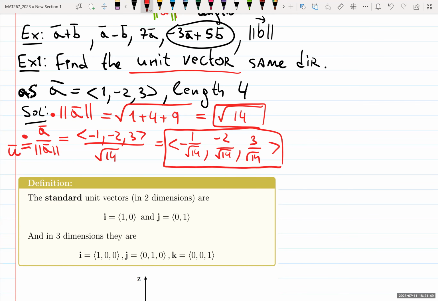So what happens with this length 4? Just multiply by 4. Basically, we made the length 1, right? So what should you do to make it 4 times bigger? You multiply by 4. So it's going to be 4 times A over the size of A, like so.